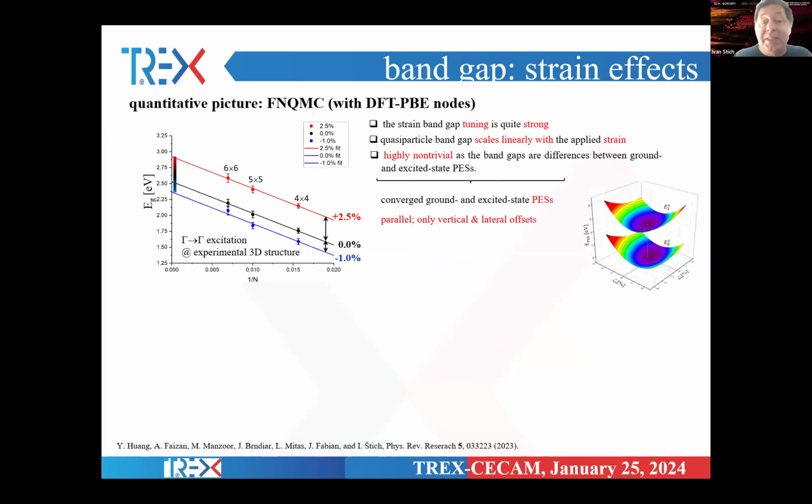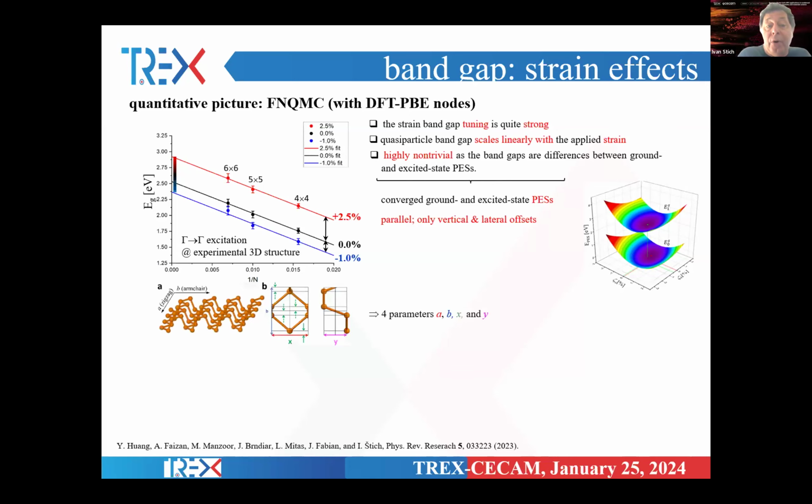This is very hard to understand, really. But the only way this can be rationalized is that these parabolas of ground and excited states are essentially identical. They are only a little bit shifted. Of course, they are offset vertically, but they are also shifted a little bit laterally, and that explains this linear scaling of the band gap.